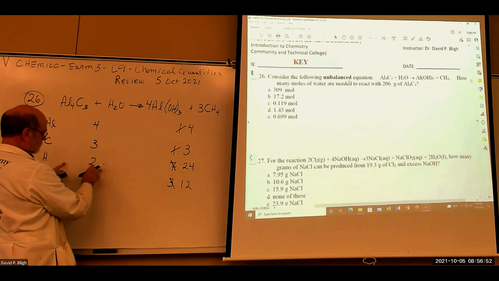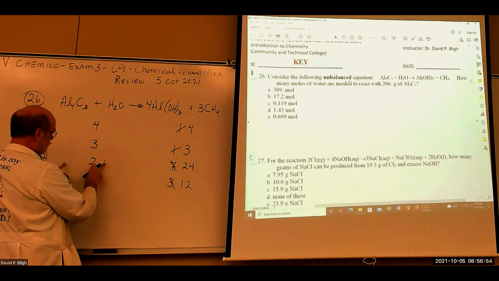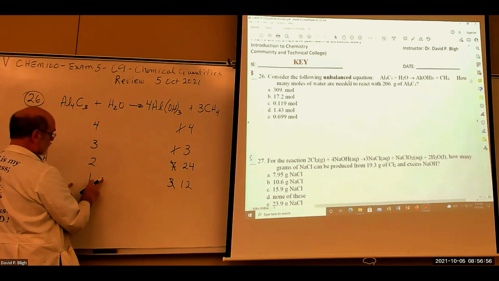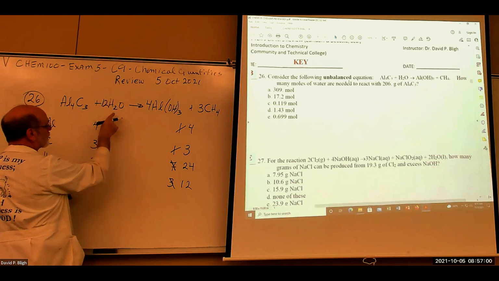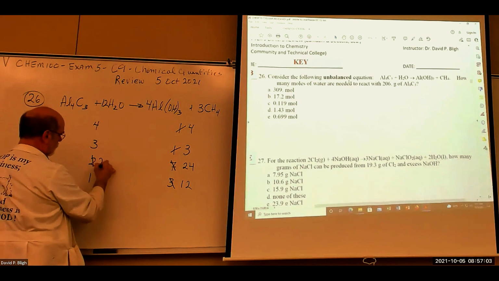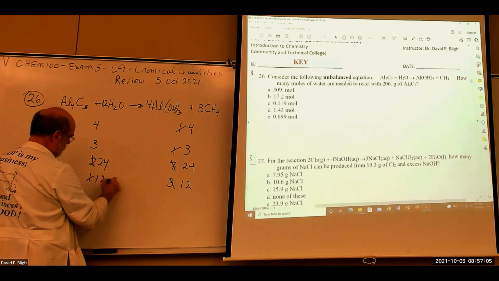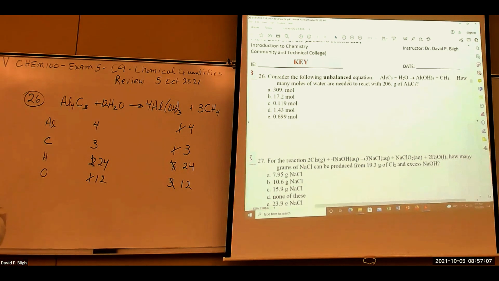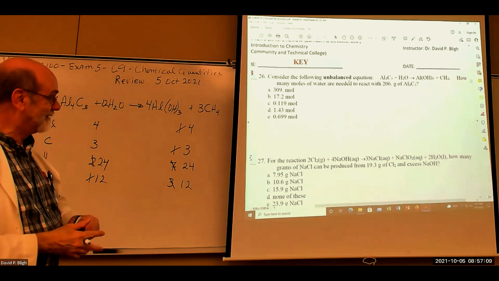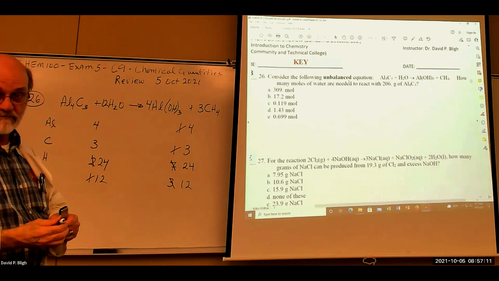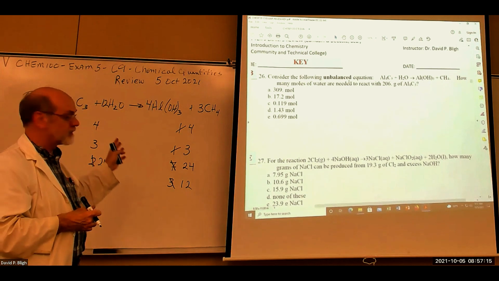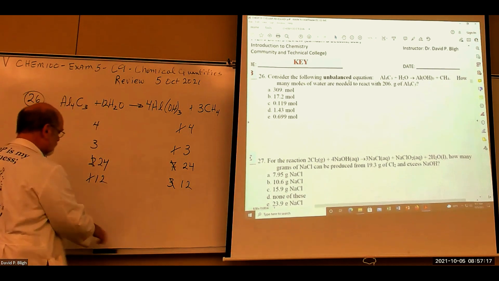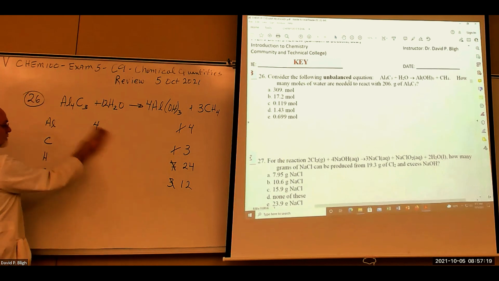If I want 24 hydrogens and 12 oxygens, I need a 12 here, and 2 times 12 is 24. Now it balances. If I can't balance it, then I'm stuck. But now that it balances, we're ready for the next step.